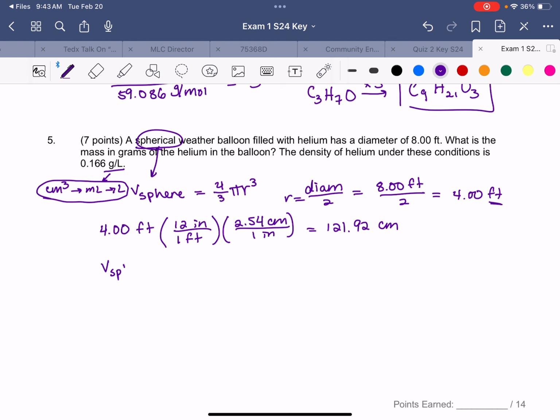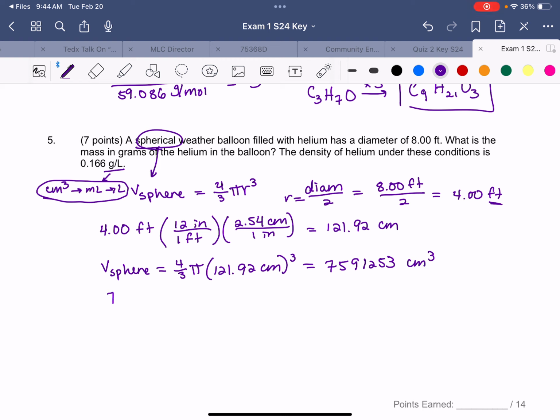Next, I'm going to solve for the volume because I know that once I have the volume, since I also have the density, I can find the mass. But because my density is in a weird unit, I'm going to have to convert that next. Okay, so that gets cubed, and now I get 7591253 centimeters cubed.